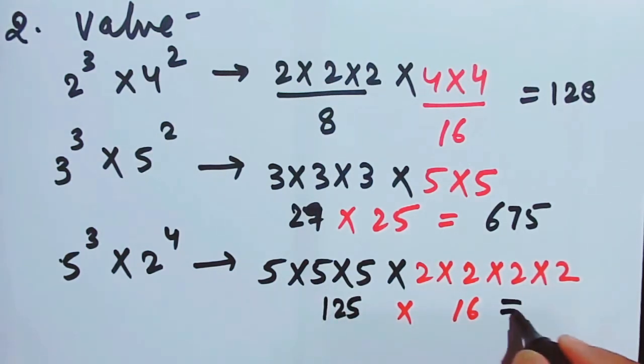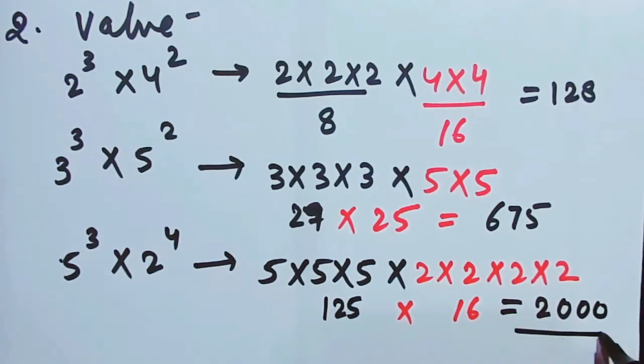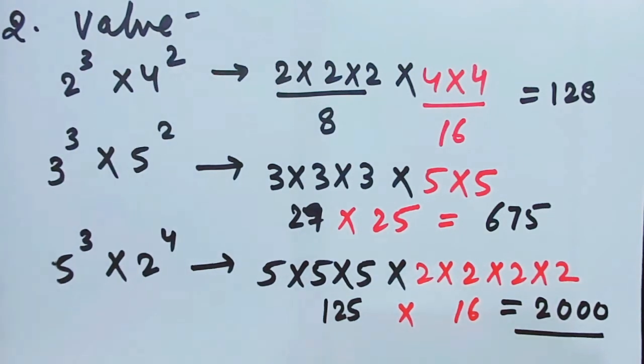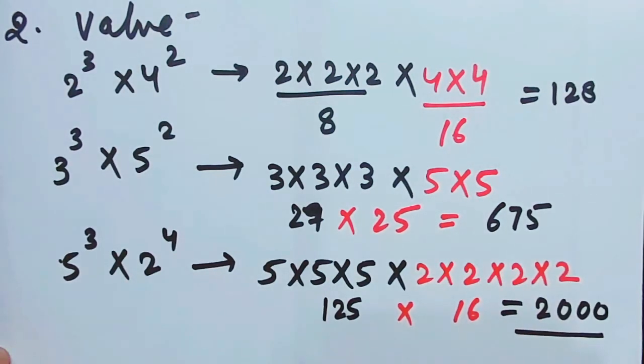When you multiply it, it's natural you will get 2000. I hope the concept of this particular exponent is very clear.